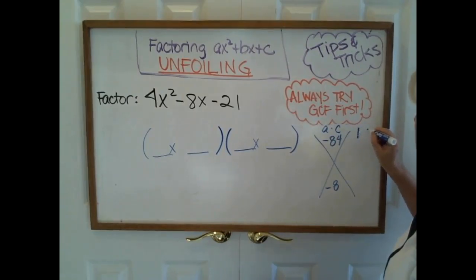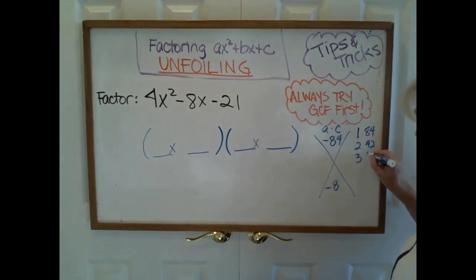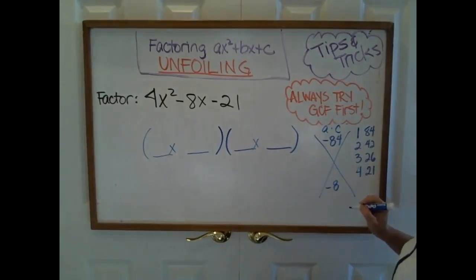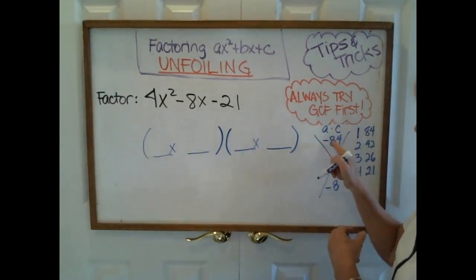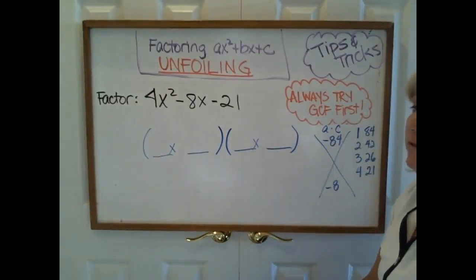So it's going to be 1 and 84, 2 and 42, 3 and 28, 4 and 21. So we're getting closer. Since this is a negative, we're looking for differences. 5 doesn't go into 84.